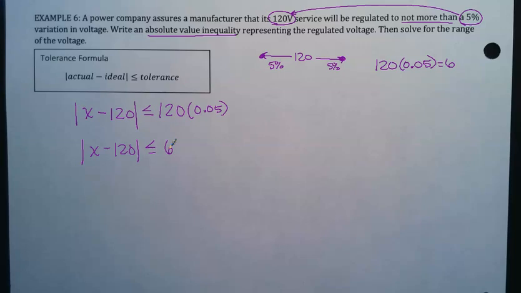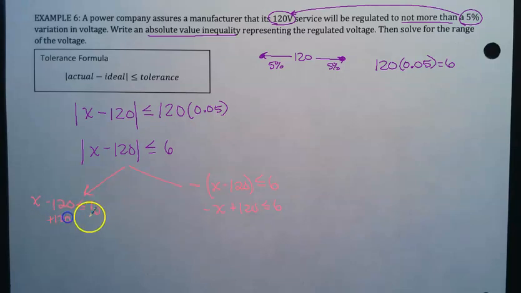Now, it is time then to solve for the range of the voltage. The same way we've done this, we're going to split it off into two equations. The first one is going to be x minus 120 is less than or equal to 6. The other one is going to be negative, the quantity x minus 120, is less than or equal to 6, which would give us negative x plus 120 is less than or equal to 6. All right, so let's solve.